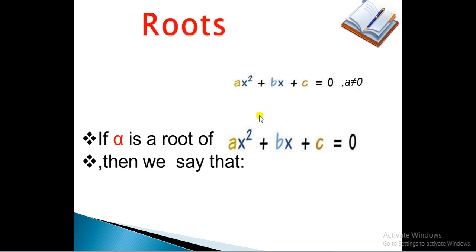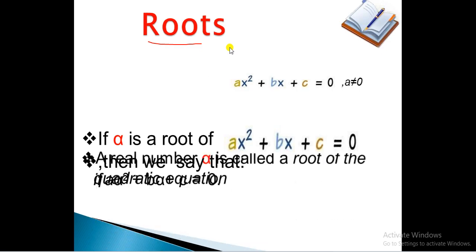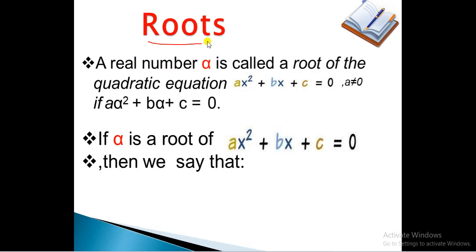Now we have talked about roots. Now let us see what roots are. Equations we have seen, now we will see root. A real number alpha is called a root of the quadratic equation ax square plus bx plus c equals to 0, condition applied, a not equal to 0, if a alpha square plus b alpha plus c equals to 0. So what we have done here?